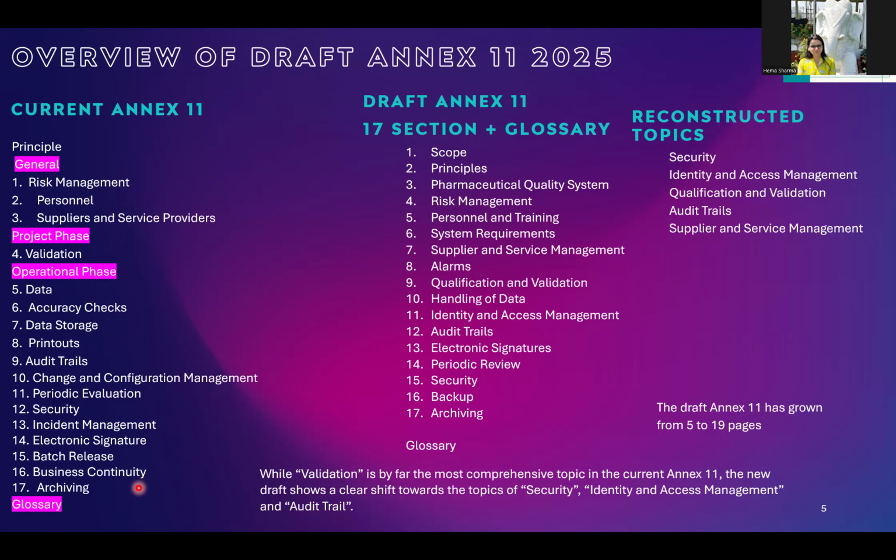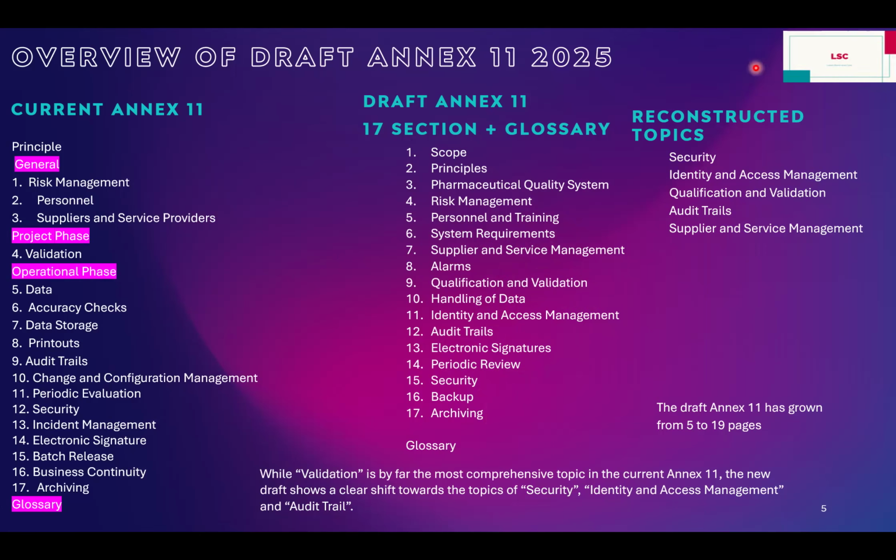On the other hand, the draft Annex 11 has 17 sections plus a glossary. We have scope, principle, pharmaceutical quality system, risk management, personnel and training, system requirements, supplier and service management, qualification and validation, handling of data, identity and access management, audit trail, electronic signature, periodic review, security, backup, archiving, and then the glossary.